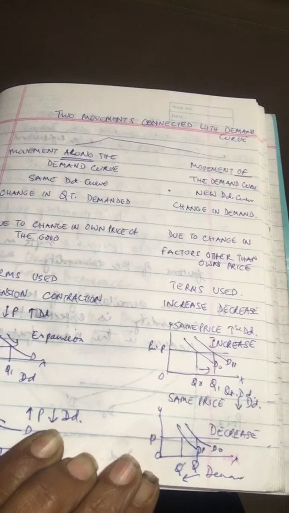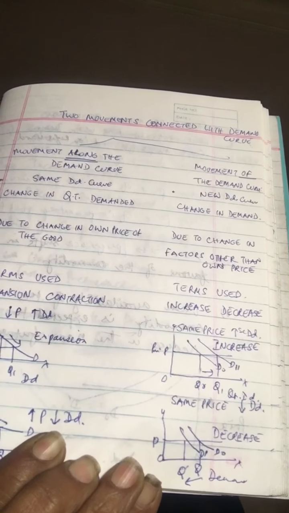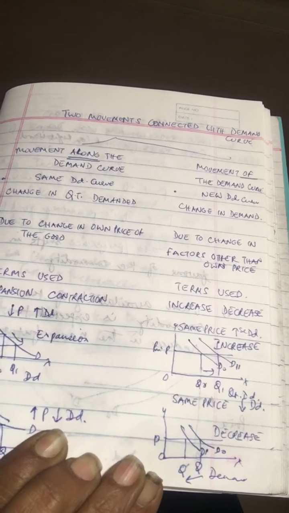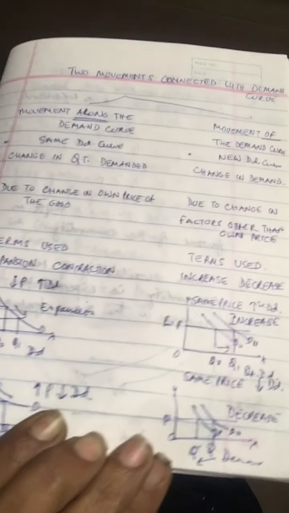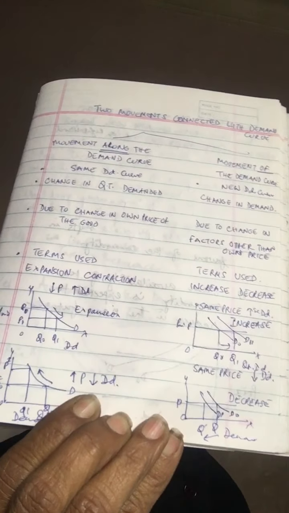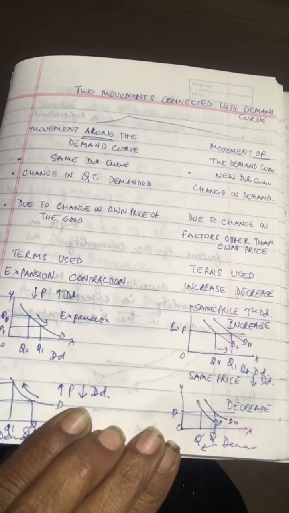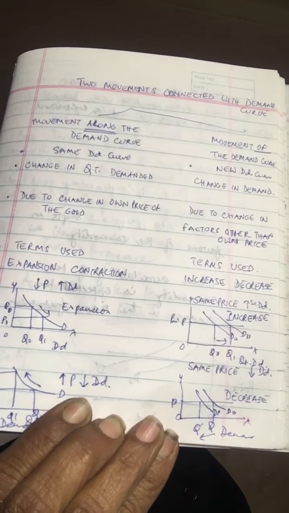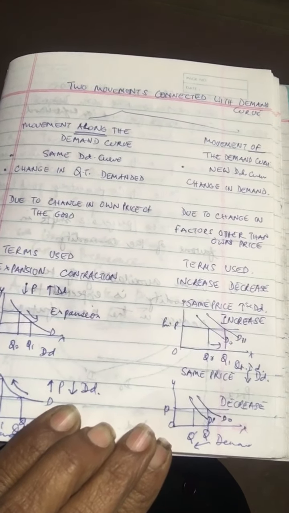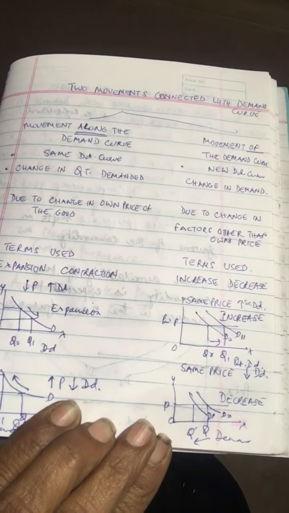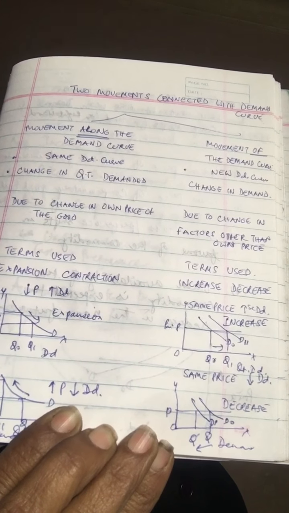All these change, and because of these changes, there is a shift in the demand curve. It can be a rightward shift, it can be a leftward shift. Diagrammatically, it is shown as a downward or upward movement along the same demand curve. And for the other case, it is shown as a forward shift or a backward shift in the demand curve.